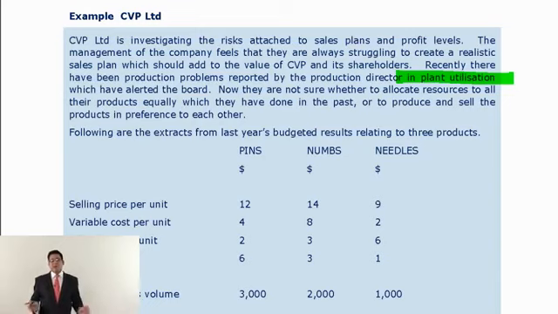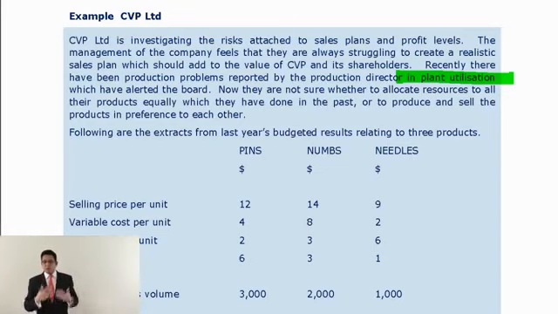Meaning, if they are producing 3 products, in the past they were allocating resources equally. If they had one machine, some time was given to A, some time to B, some time to C equally.